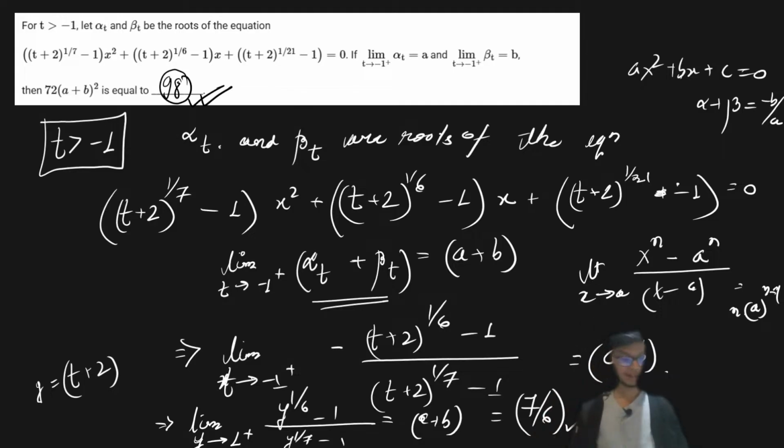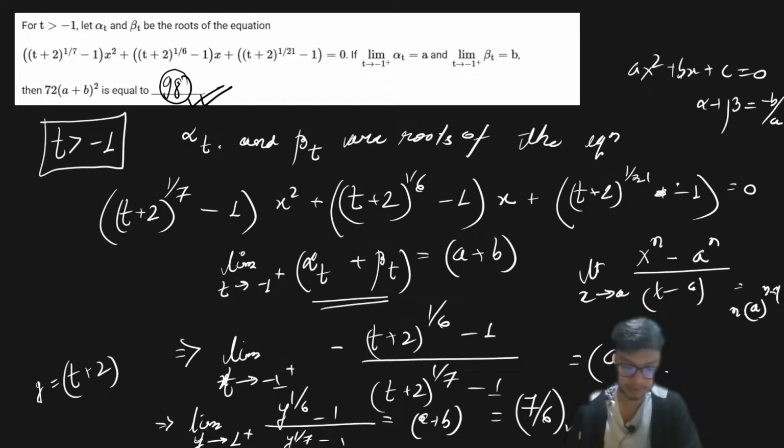Pretty easy questions though, but the idea is very important, and you need to know how you should go about evaluating the limits, right? So if this part is clear to all of you, please let me know. We can move on to the next problem.